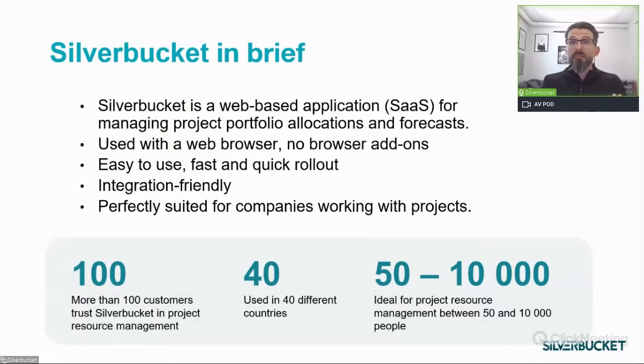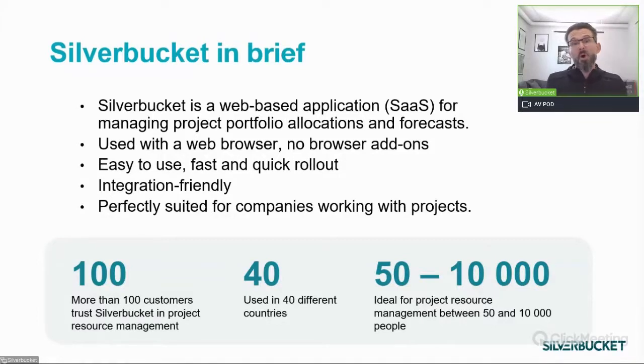You can use Silverbucket as a standalone service by maintaining all the basic information with Silverbucket views, but maybe more typical option is to build some kind of integration between the existing systems and Silverbucket. In this approach, we are importing a list of people, list of projects at a minimum from the backend system, and maybe also some actuals. And then it's possible to start making allocations between the people and projects on the Silverbucket side.